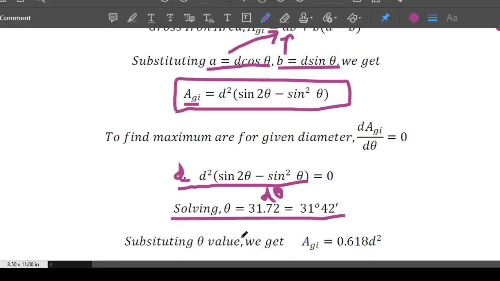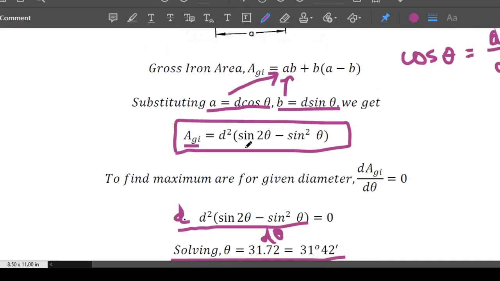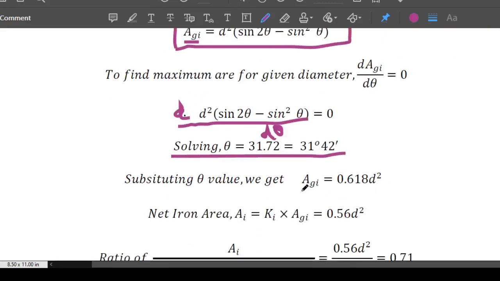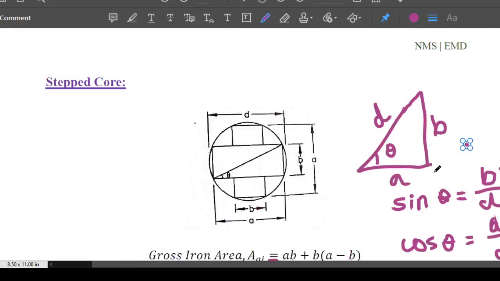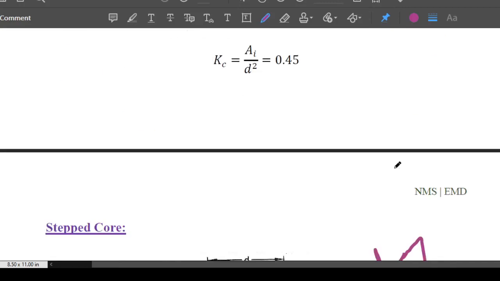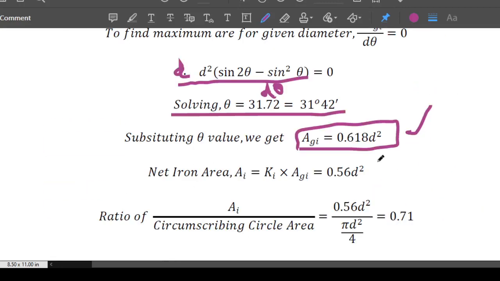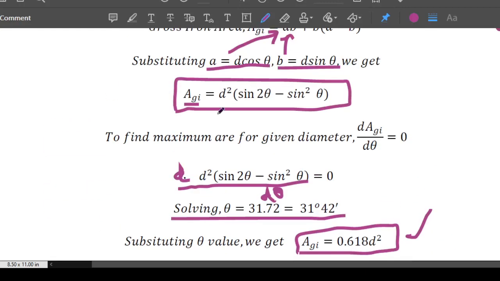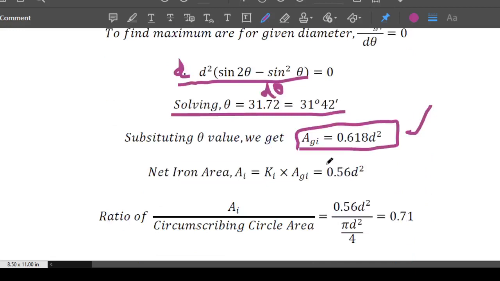Now when I substitute this theta value in AGI, I get AGI as 0.618 into D square. In the square core, we didn't face this much of a problem. We were able to directly get the answer, AGI equal to D square by 2. But here we have to do this many steps to find AGI, that is equal to 0.618 D square, and the rest of the steps are similar.